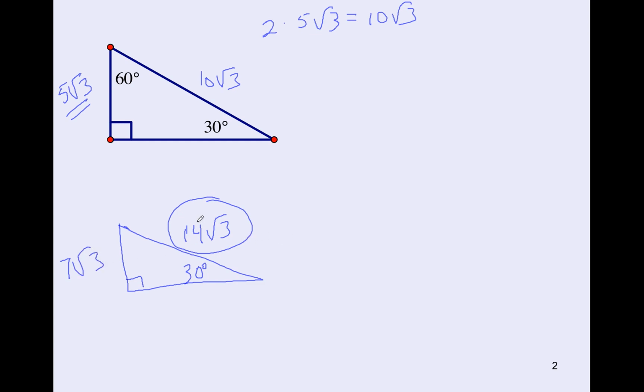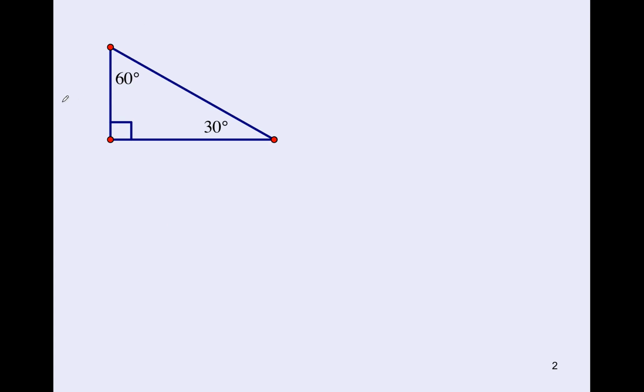Okay? So let's try a problem here. How about if this is 5 root 3, and you got to find the other sides. Okay, well we know this has to be double, 10 root 3.